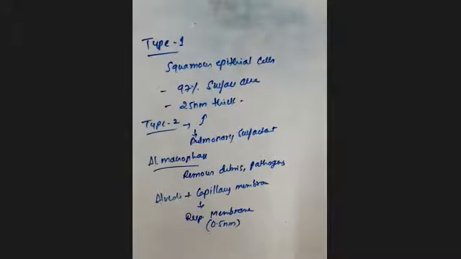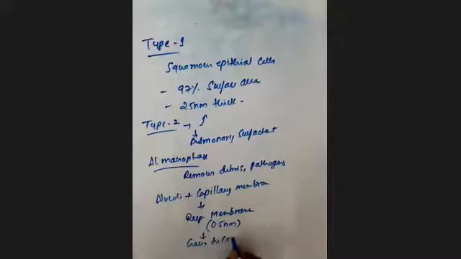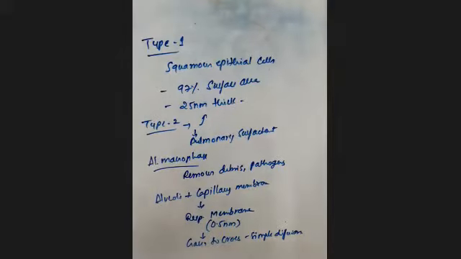This respiratory membrane mainly allows the gases to cross by simple diffusion. That's all about the alveoli.